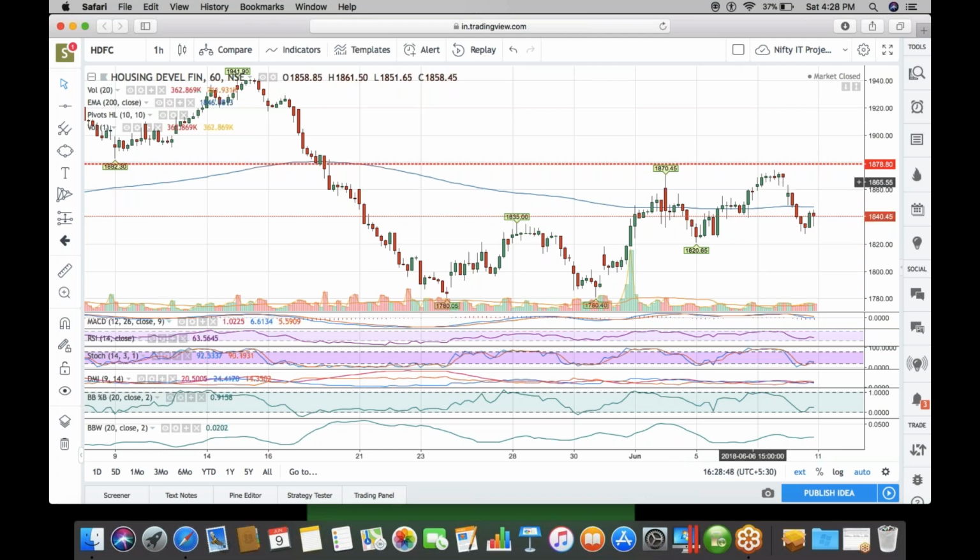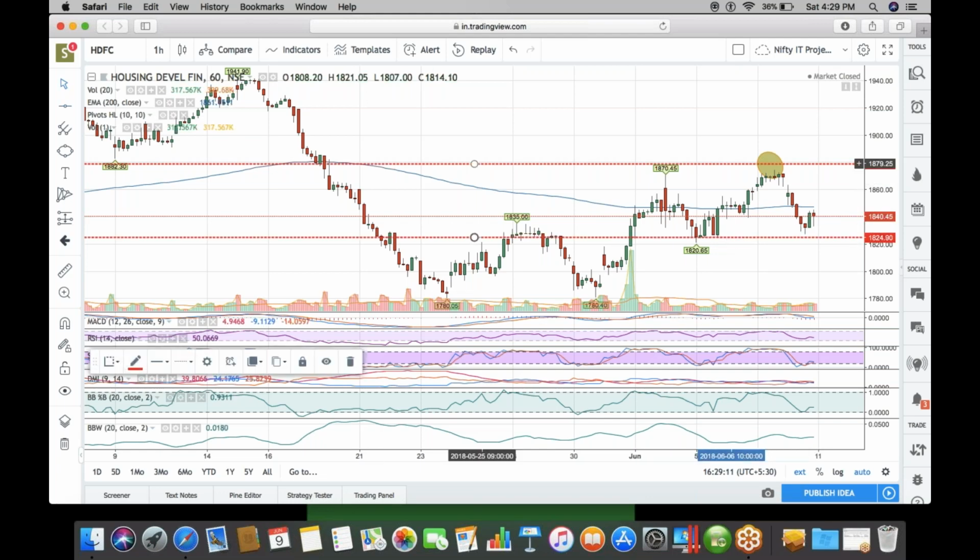How do you know it has become range bound? Because next high, this high, okay, is same as 1870. This low is same as this. So this is a sideways trend. See this.